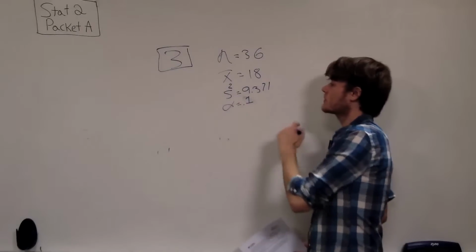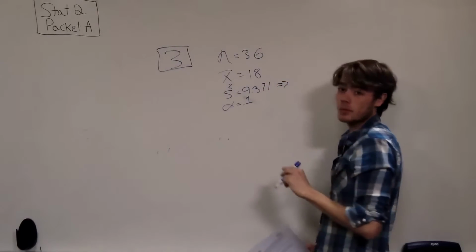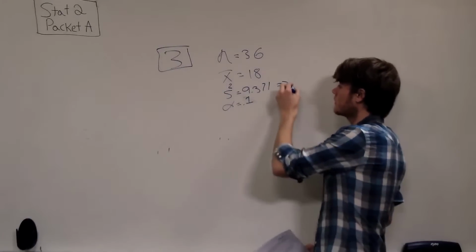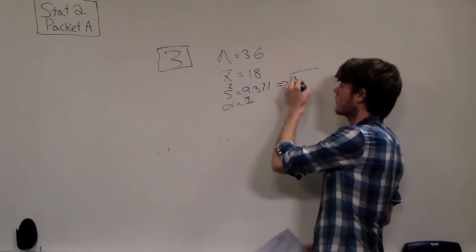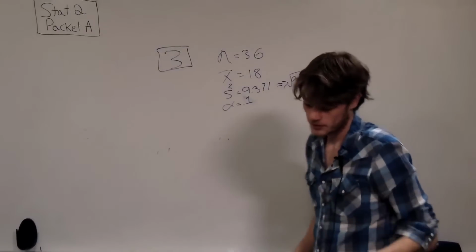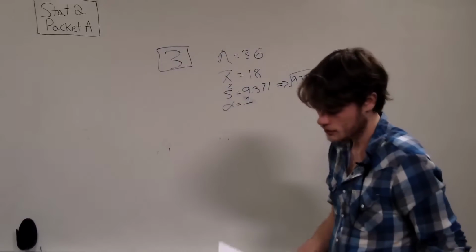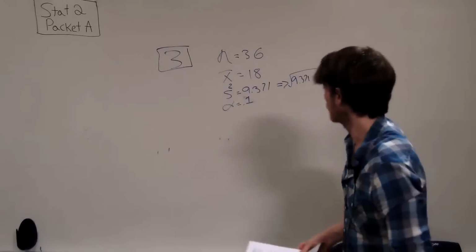Before we even start, we're going to want to find s, because that's what we actually want. We find s the same way we find sigma from the variance, sigma squared, by square rooting it, which turns out to be 3.061.